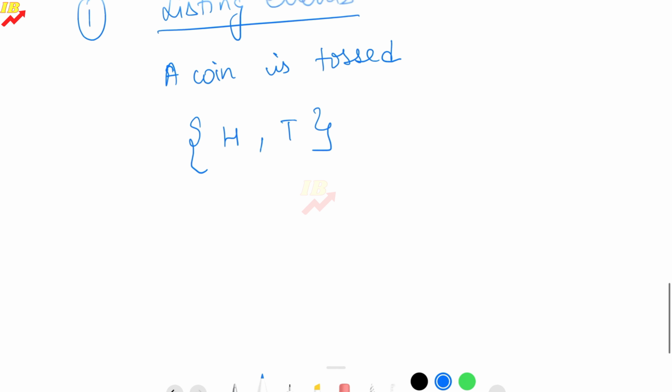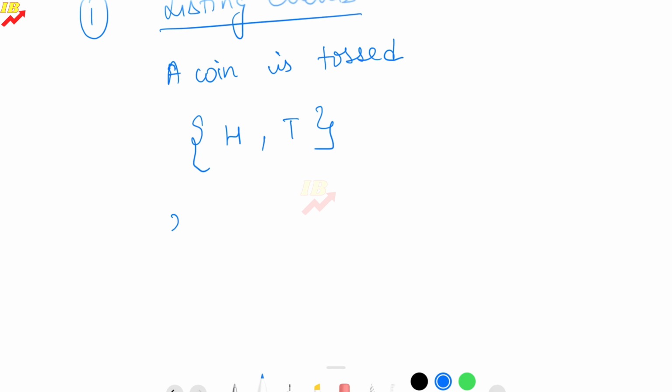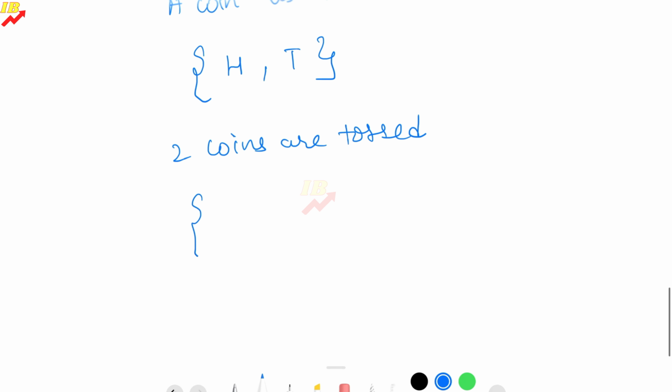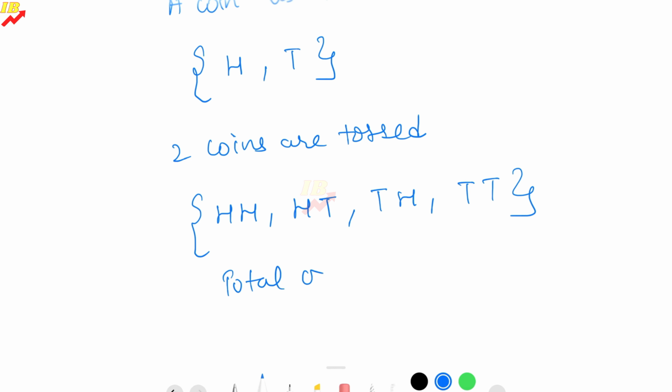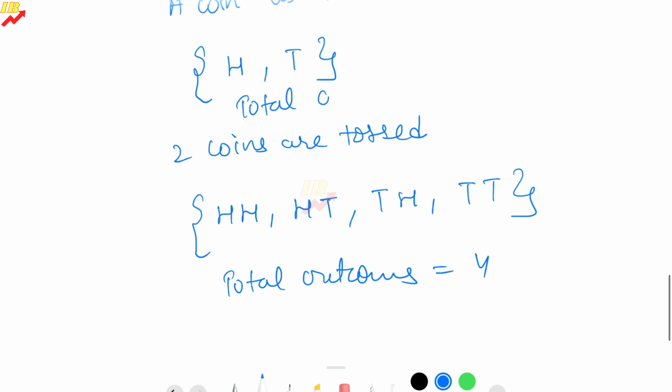Suppose the same question goes with two coins tossed, so the sample space will be head head, head tail, tail head, and tail tail. So we got four outcomes, right? So total outcomes here is four in number, and here your total outcomes were two in number.